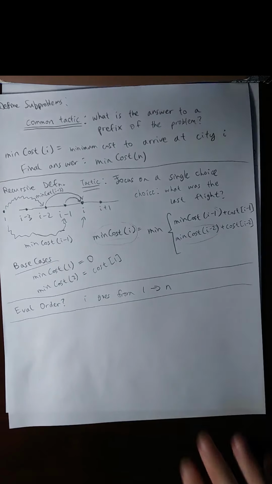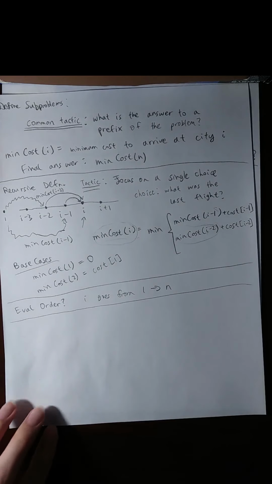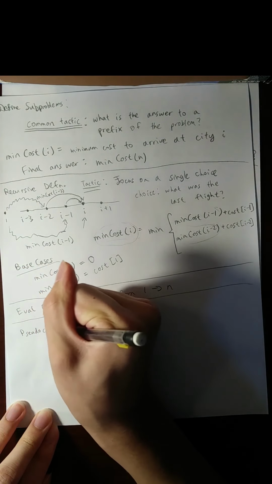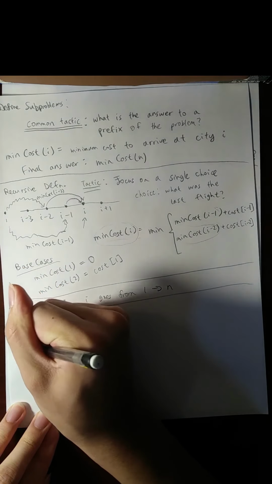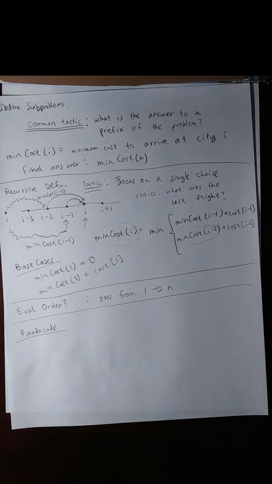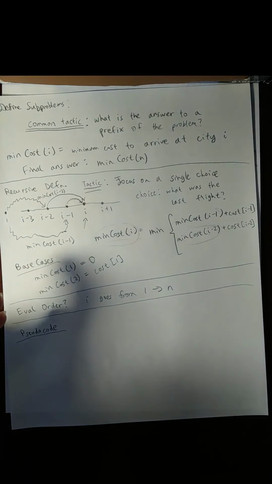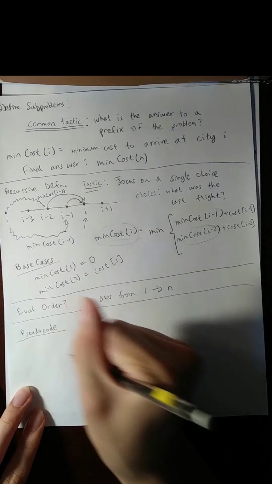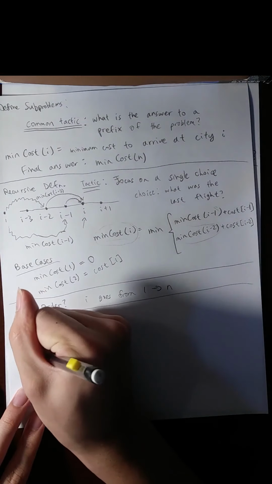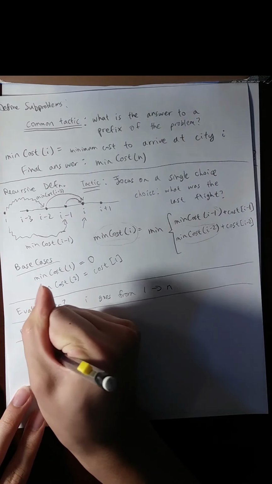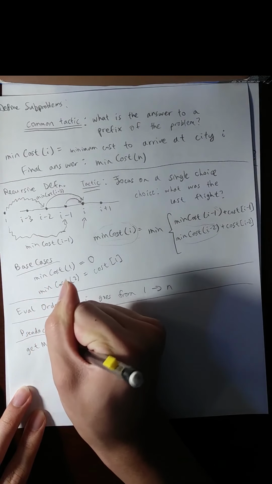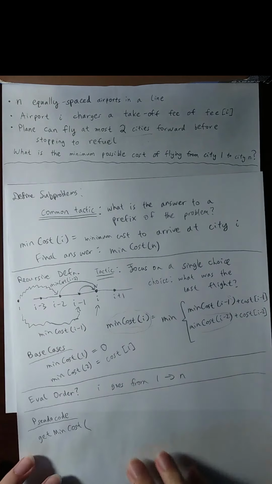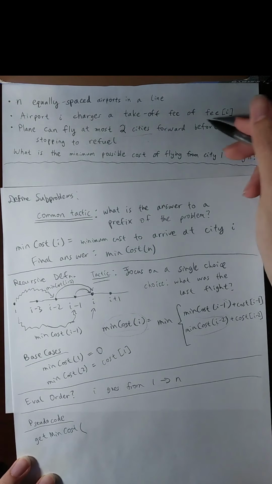Then we need to write some pseudocode for this problem. And usually once we have this recursive definition and evaluation order figured out, the pseudocode isn't a huge deal. So maybe we can have get min cost, and then as an input we can take in this fee array.